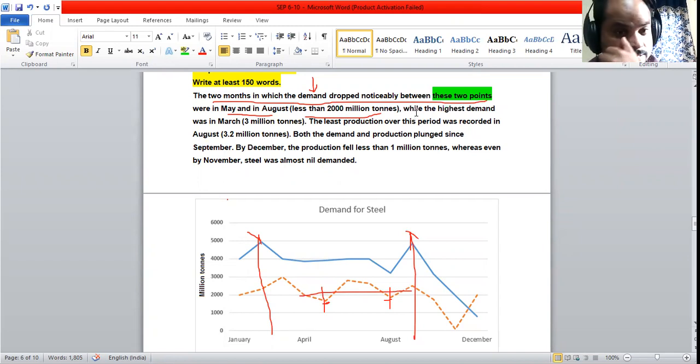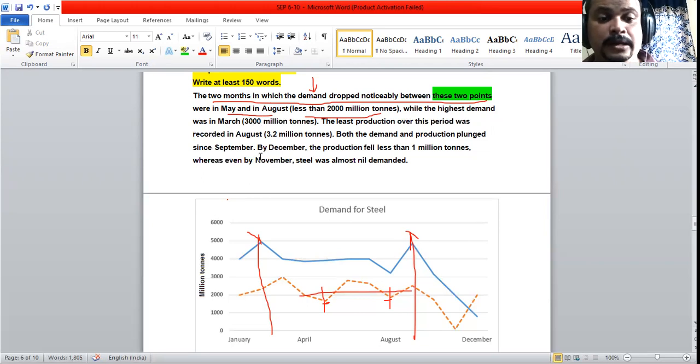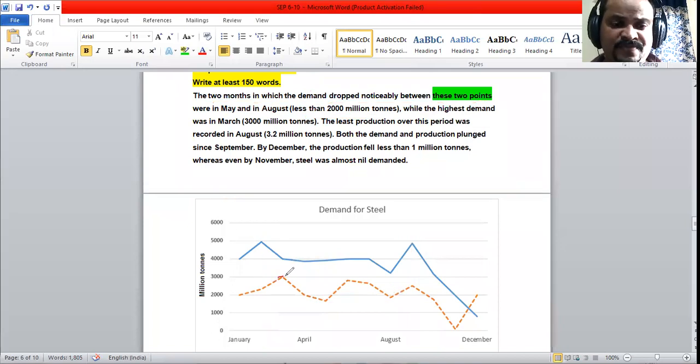While the highest demand was in March, that is 3,000 million tons. You can see the highest demand there in March, 3,000 million tons.